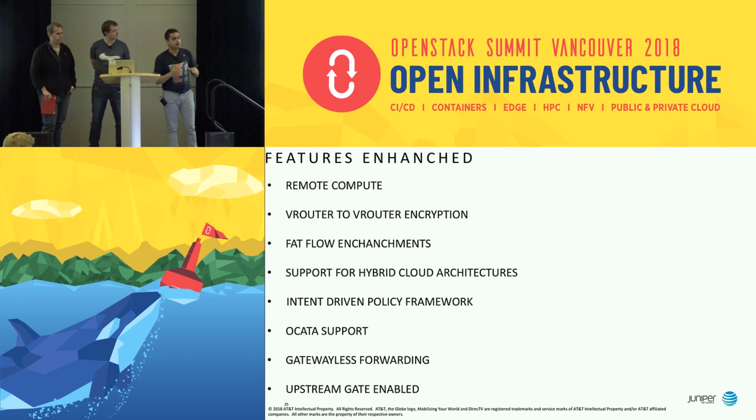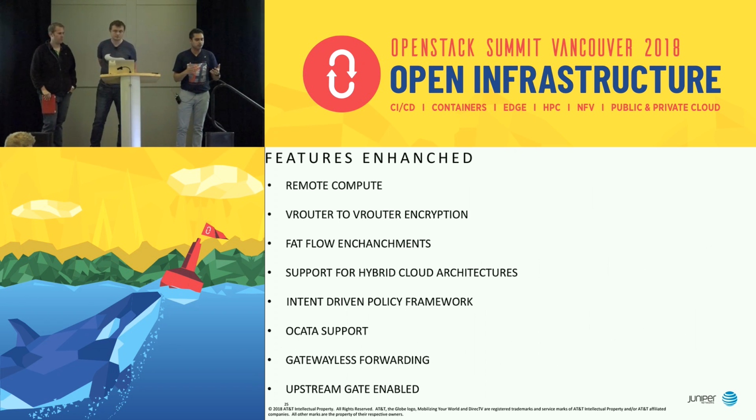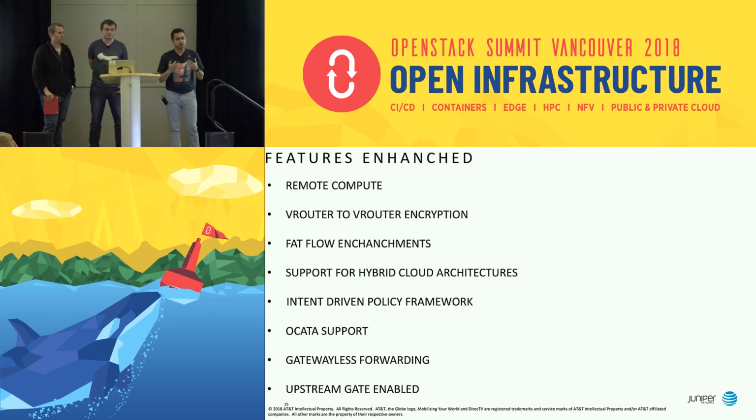Another important feature is gateway-less forwarding. This is something important to note. Once we go to the SDN architecture, people believe that we really require an SDN gateway at an endpoint to do your north-south connectivity. The latest code of Tungsten Fabric actually supports gateway-less forwarding, wherein you really don't need an SDN gateway to do any forwarding.